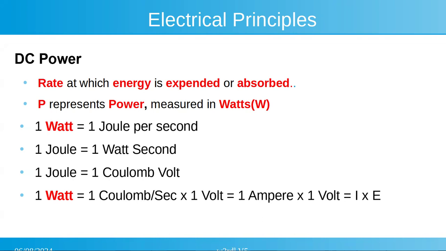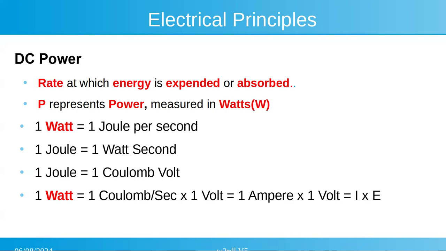If you have a watt for a second, that is equivalent to 1 joule of energy. A joule is also equivalent to 1 coulomb volt. So we have a coulomb of charge at 1 volt, which is 1 joule of energy. So that's how energy gets back in with the charge thing. The potential and the amount of charge is energy.